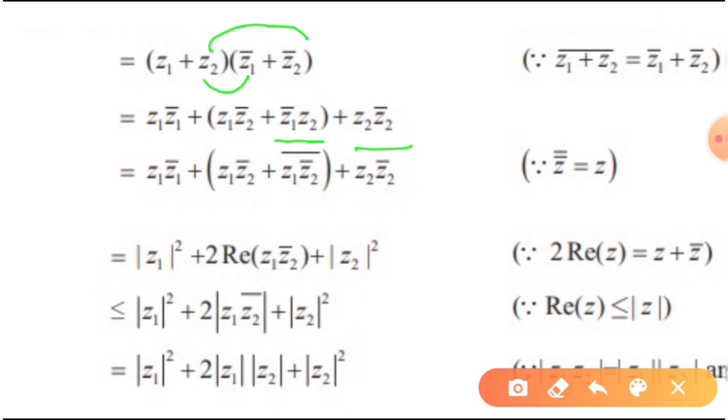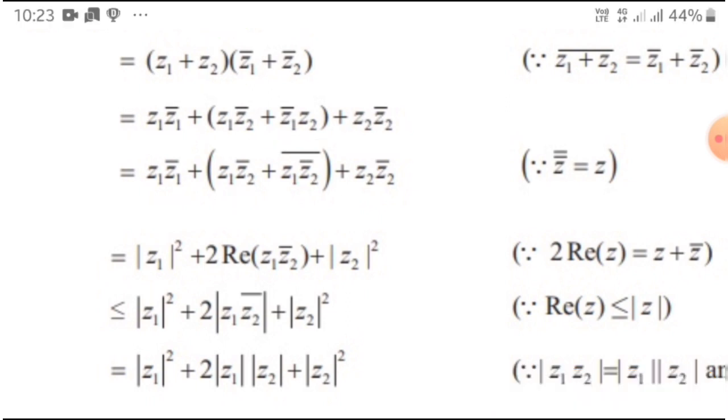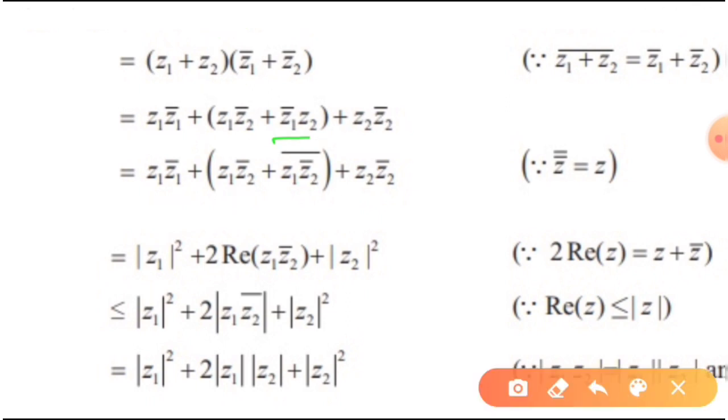The next step, z1 z1 bar as it is, z1 z2 bar also as it is. Here z1 bar z2, how do we write it?